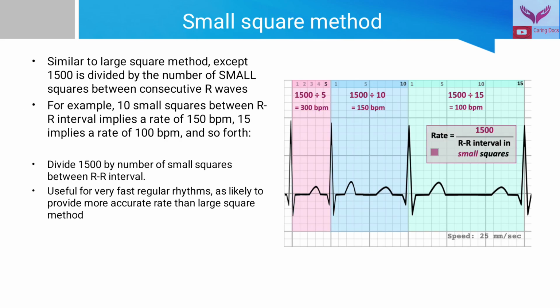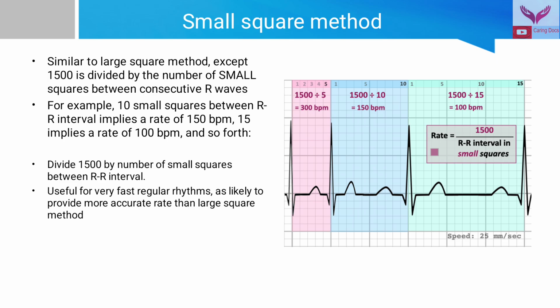The small square method is the same as the large square method. Here we divide 1500 by the number of small squares between the two consecutive R waves. For example, when there are 10 small squares between the RR interval, it implies a heart rate of 150 beats per minute.